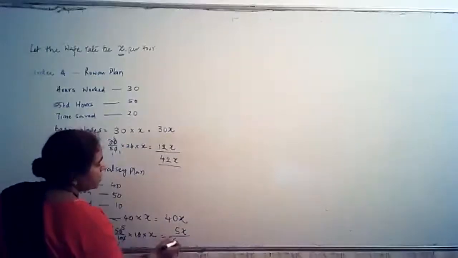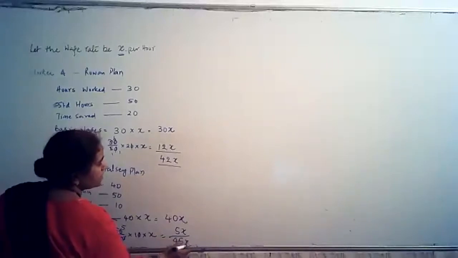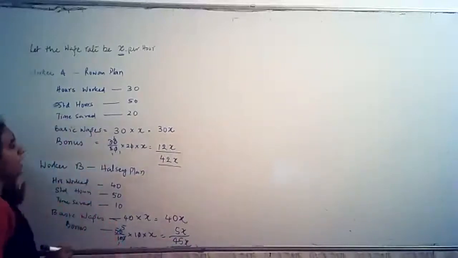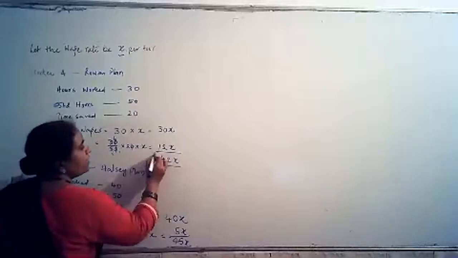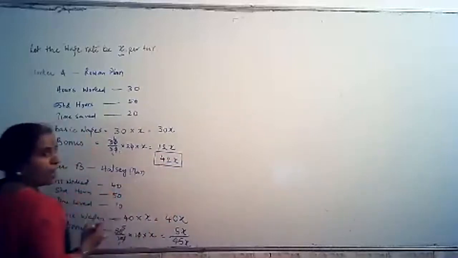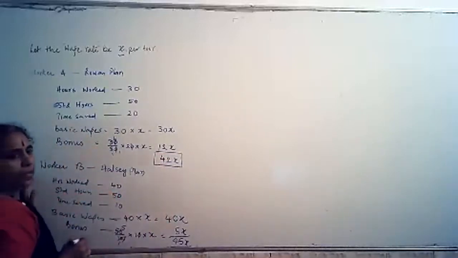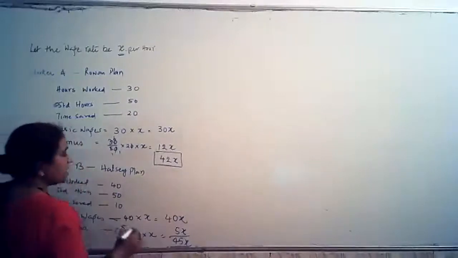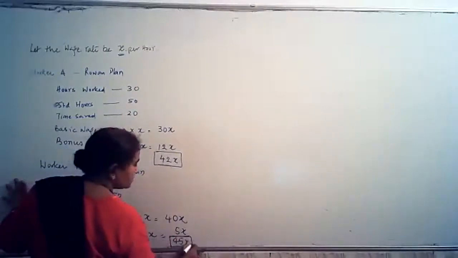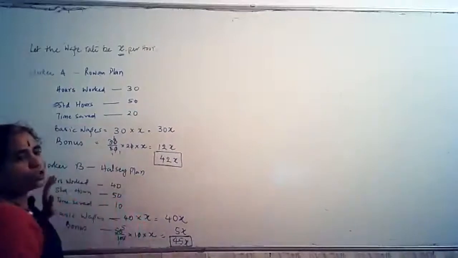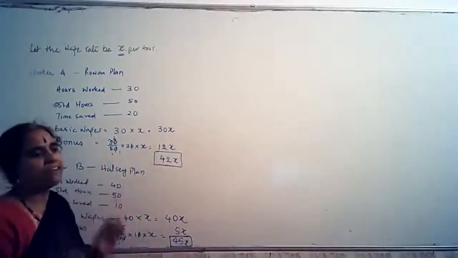So total is 45x. So for A, the wage is 42x, and for B, the wage is 45x. So I now know how much my wages are.